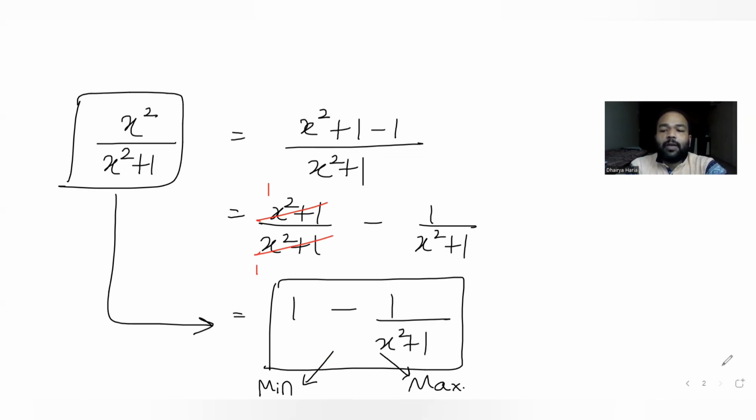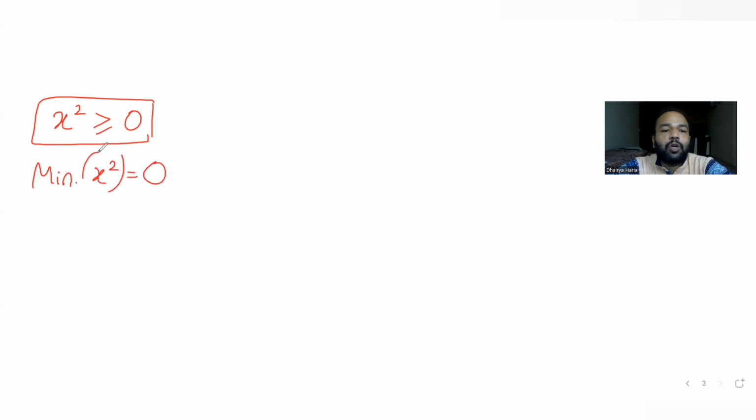Now if I talk about the values of x that I can have here, since it is a square, we know square of anything can be either 0 or positive. So the minimum value of x square I can put here is 0. If I put the minimum value of x square as 0, I get x square plus 1 equal to 0 plus 1, which is 1.